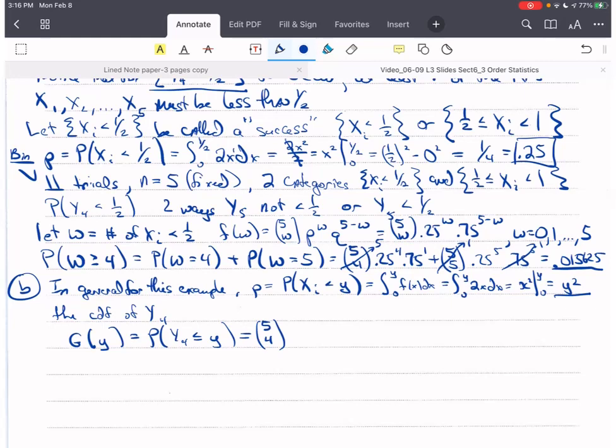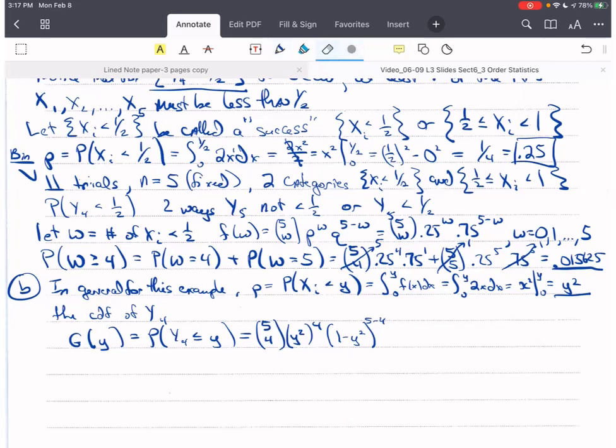Or we can have that all 5, y5 is also less than little y. So this is going to be y squared, that's p, raised to the 4. And then I have 1 minus p, which is 1 minus y squared, raised to the 5 minus 4, which is 1, so I don't need to put anything there.